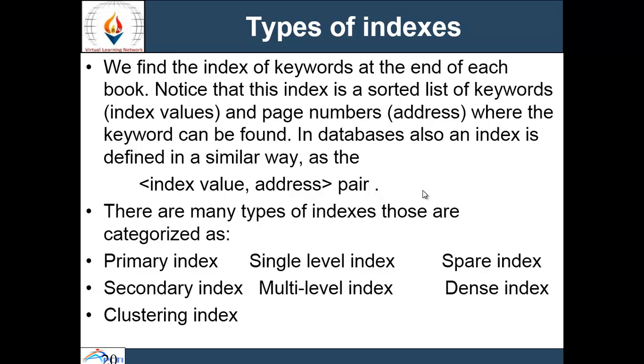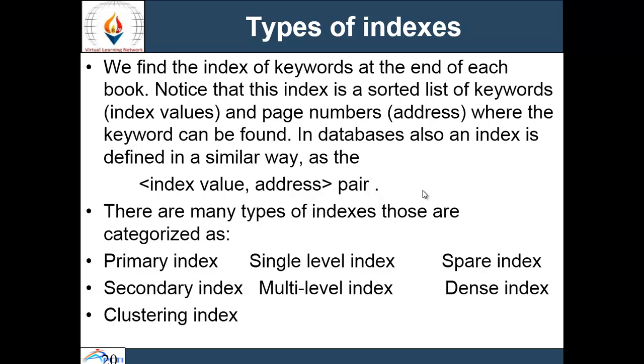One of the terms used with file organization is the term index. We find the index of keywords at the end of each book, and this index is a sorted list of the keywords or page numbers where the keywords can be found. In a database also, an index is defined in a similar way, that is, an index value and address pair.